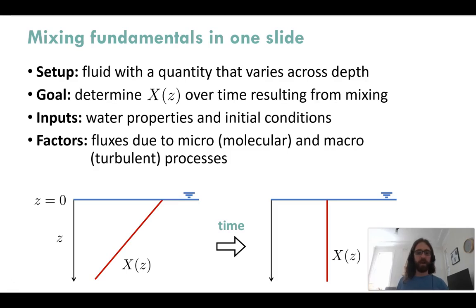They can be at the micro scale or at the molecular scale, or they can be at the macro scale. Examples of the macro scale include the rod that you saw in the video at the beginning, where that rod is providing stirring that enhances the mixing, or it can be something that naturally occurs within a fluid, such as turbulence. And what we'll do in the next couple of videos is discuss how we quantify the fluxes that are due to some of these different processes.